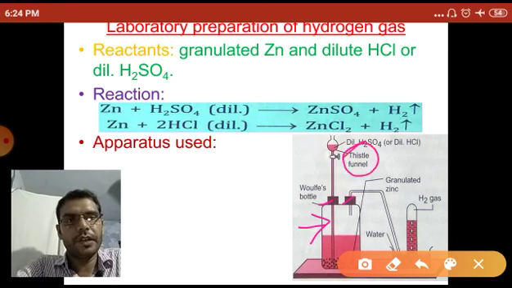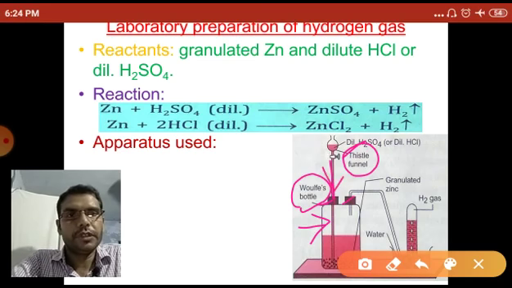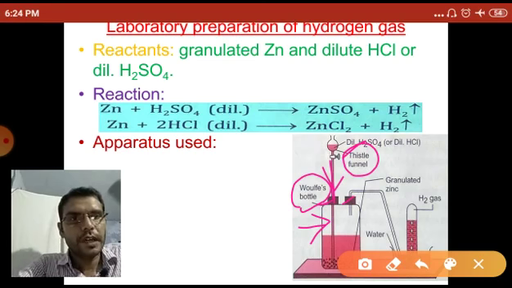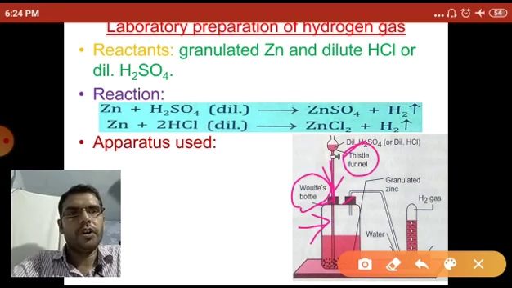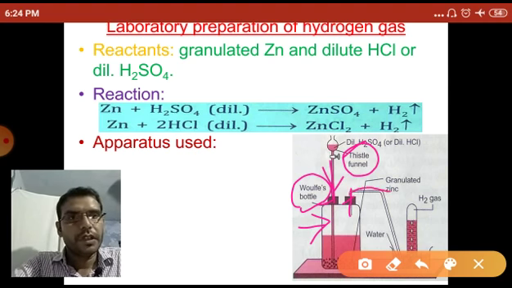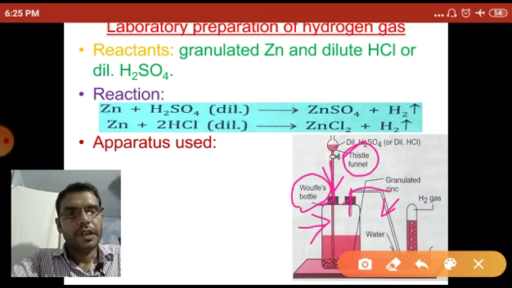The thistle funnel is inserted into the Wolfe bottle through one mouth of the Wolfe bottle, and another mouth of the Wolfe bottle has the delivery tube, and that delivery tube connects the inverted gas jar with the Wolfe bottle. This one is the inverted gas jar.